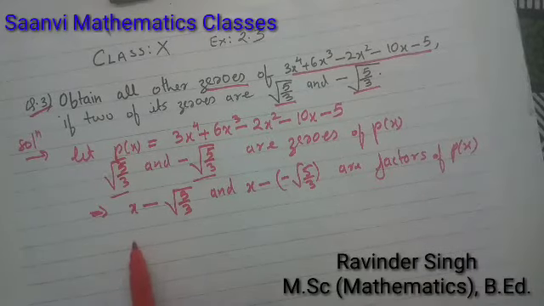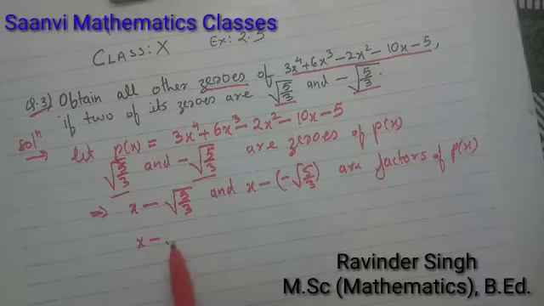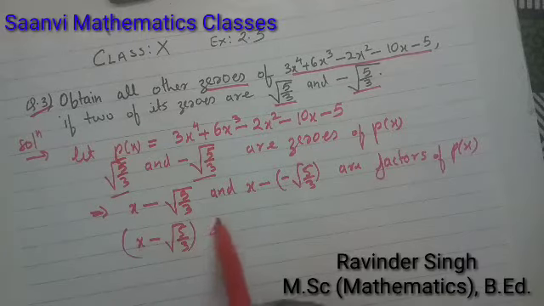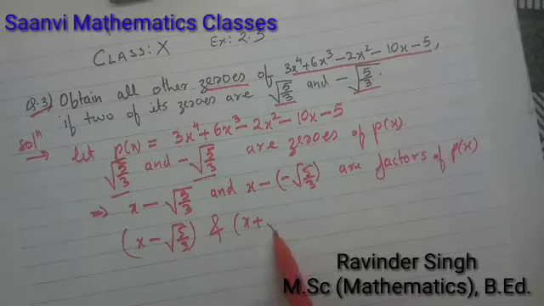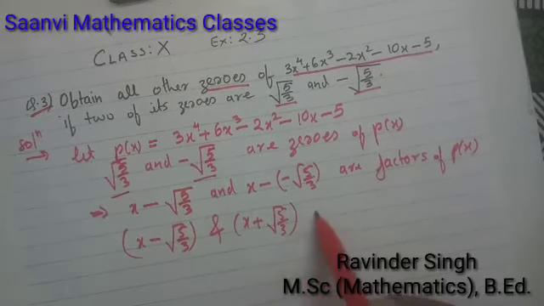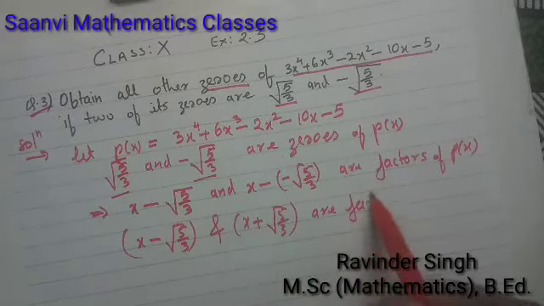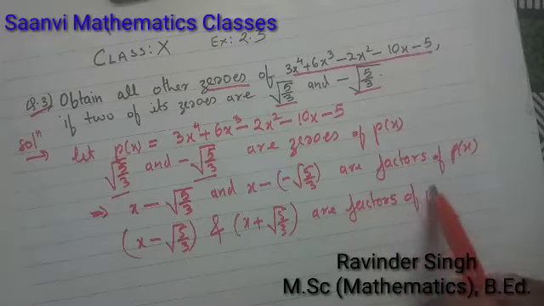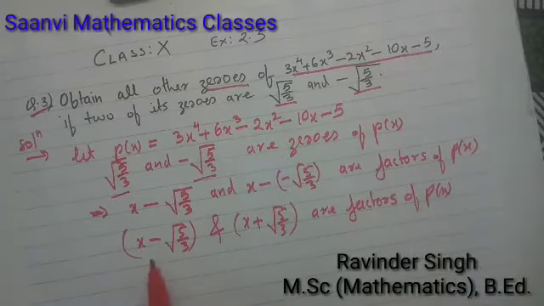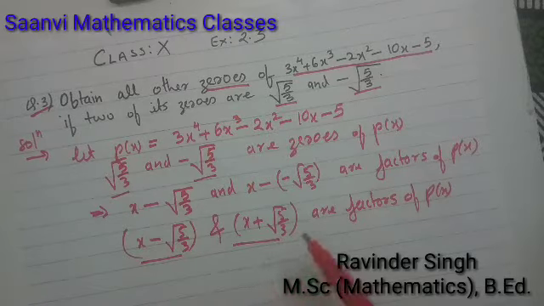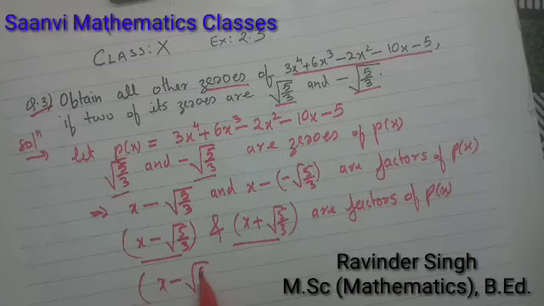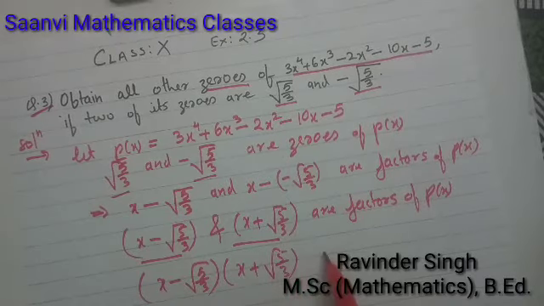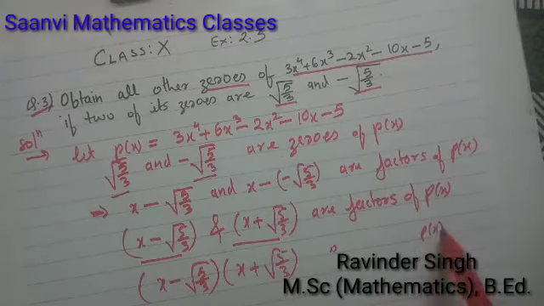If I simplify, x minus root 5 by 3 and x plus root 5 by 3 are factors of polynomial p of x. So if these two are factors of the polynomial, then surely their product will also be a factor. So x minus root 5 by 3 into x plus root 5 by 3 is again a factor of p of x.